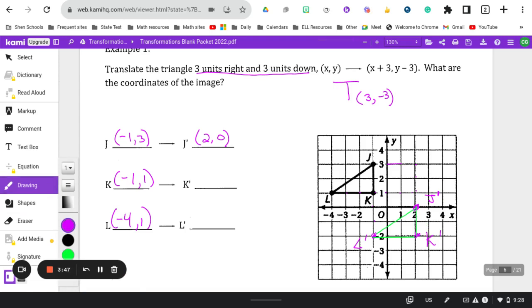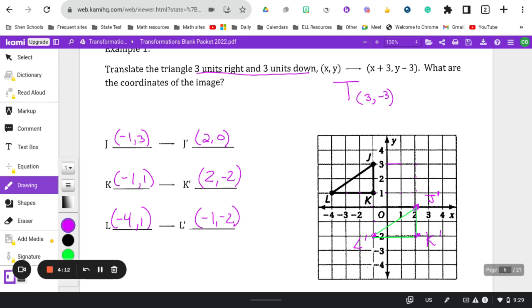If you're doing it on paper, like you should be right now, you should use a straight edge of some sort. The corner of a folder, a book, your index card from the first day of school when we did the name project, something to have a straight edge. Now, the other coordinates, K prime is at 2, negative 2, and L prime is at negative 1, negative 2.